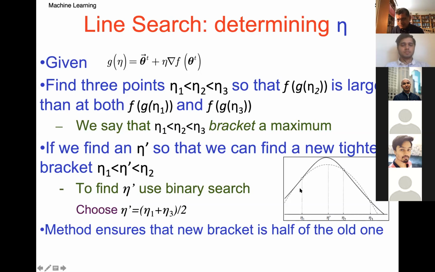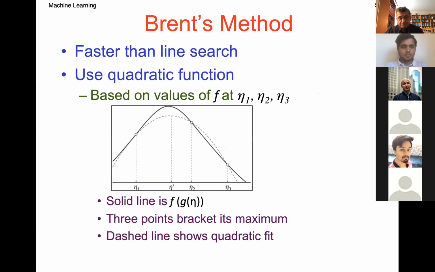So it's like some kind of binary search. You find this point here and this point here, and once you have found those 2 points, you get a value in between the two. That's bracketing the 2 sides. In binary search, we know it's higher than that or lower than this, then jump in the middle. The same thing can be done for determining eta. So it's giving you a nice heuristic approach.